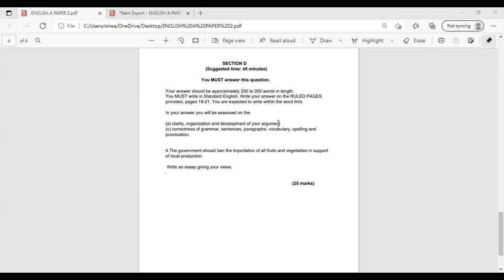So we're seeing that the only section that doesn't have a word limit is section B, and so you can use your discretion in section B. But when it comes to this section, 250 to 300 words, right? So we know that usually we'll have an introduction, we'll have about 3 paragraphs, and we'll have a conclusion, right?